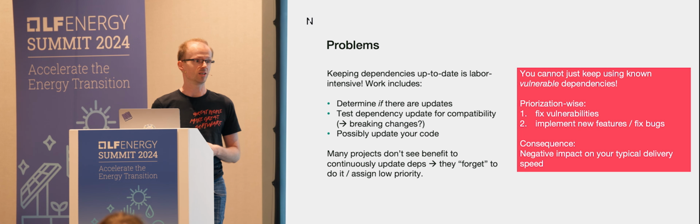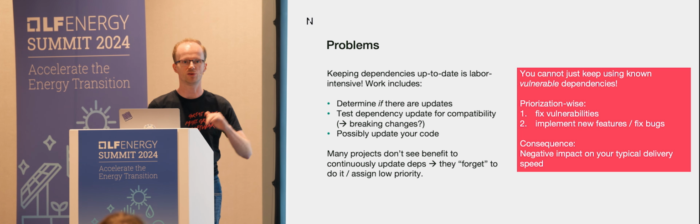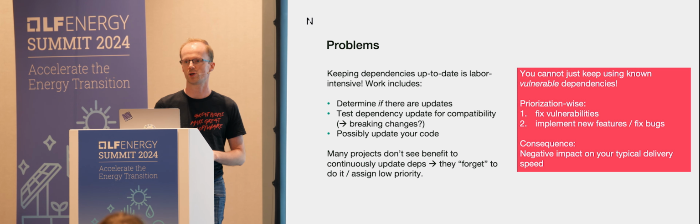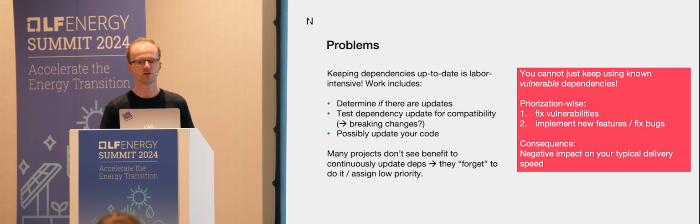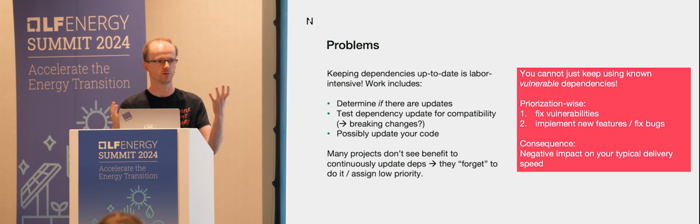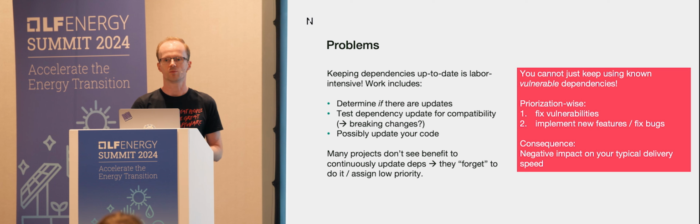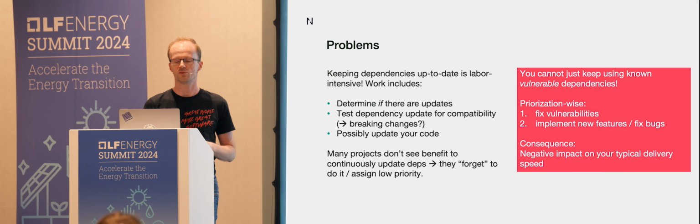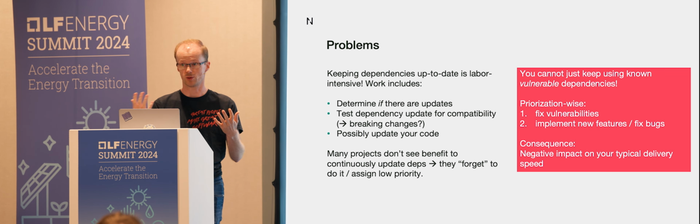And many projects and project leaders, or product owners and so on, might not see the immediate benefit of this compared to implementing feature after feature, so they prioritize it down. And that works until it doesn't work. And it doesn't work at that point when you already know by some way, maybe someone told you, that you have vulnerable dependencies in it and that you have a problem.